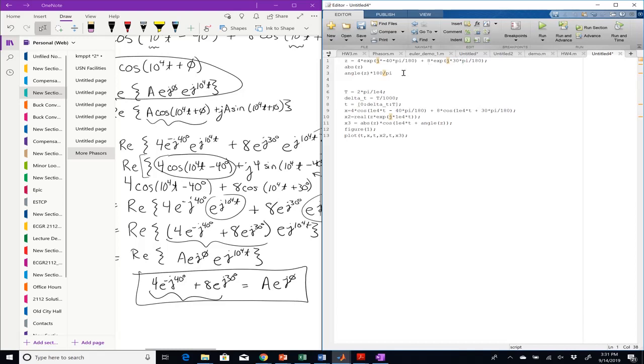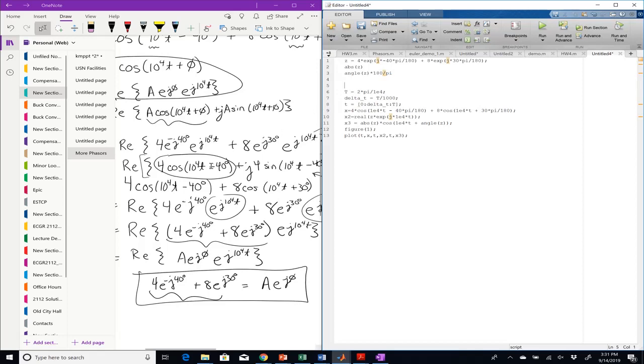Okay? All right, now to sort of justify that to myself. Now here's when I do the abs, remember that gives me the magnitude. When I do the angle, that gives me the angle. And because MATLAB's always in radians, I have that 180 over pi to bring it to degrees because that's what I want. All right, now down here I try to prove this to myself.